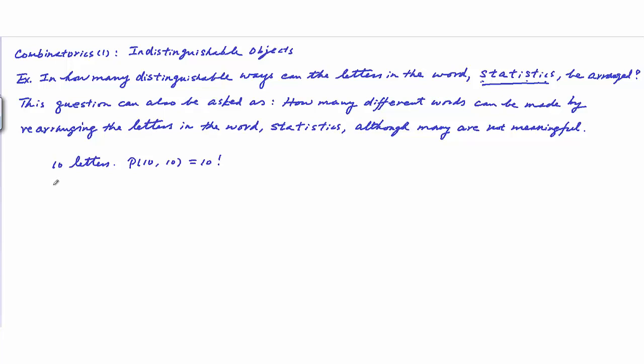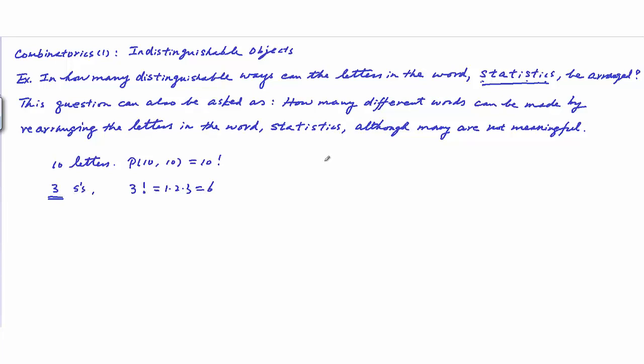We have 3 S's. If you rearrange 3, that will give you 3 factorial, which is 1 times 2 times 3, that's 6. So there will be 6 ways that do not give us new words.